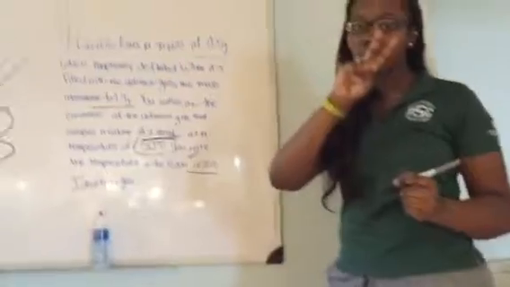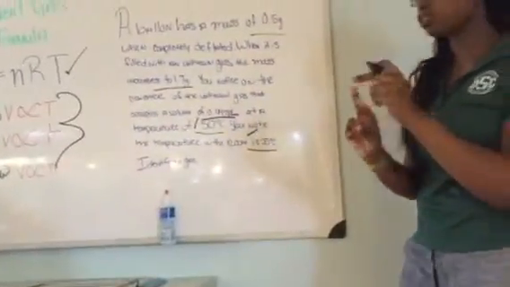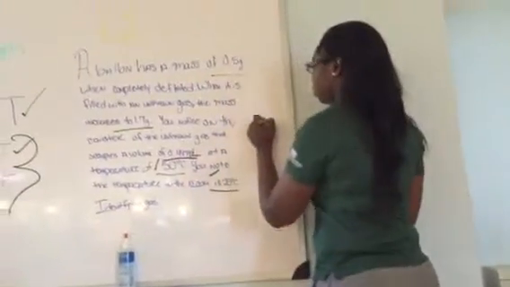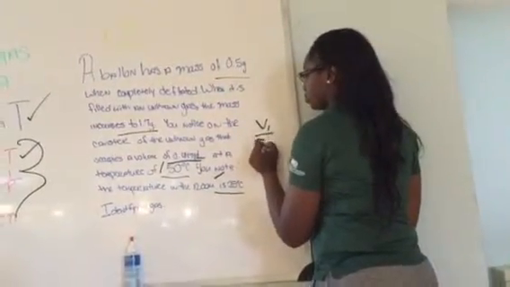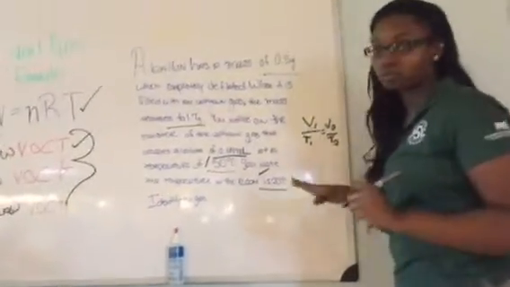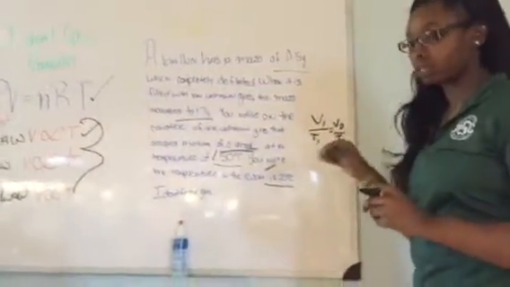Especially if they're giving you a volume and a temperature, you automatically need Charles' law, V1 over T1 equals V2 over T2. No questions asked.